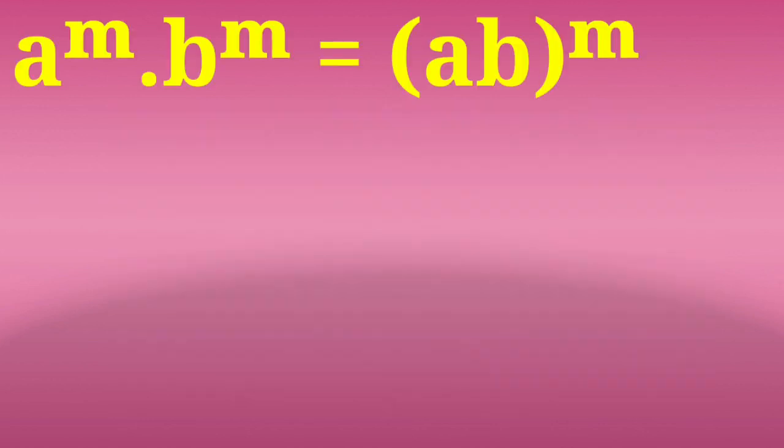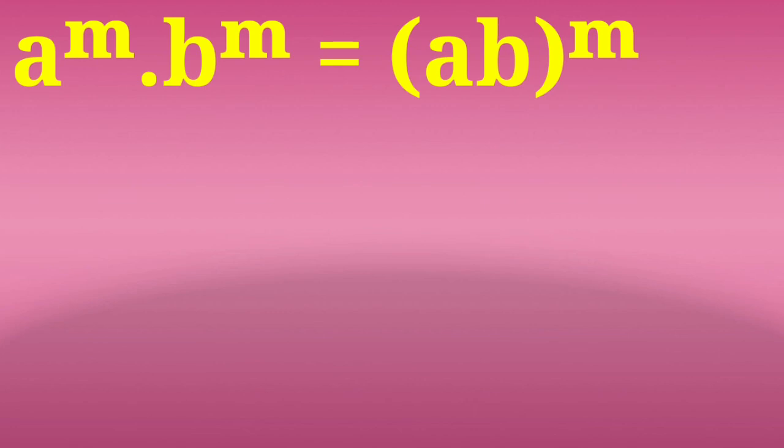Then our next law, a raised to m into b raised to m. Here the bases are a and b, different bases, but the powers are the same. Base is different and powers are the same. Then what will you get? A into b all raised to m.